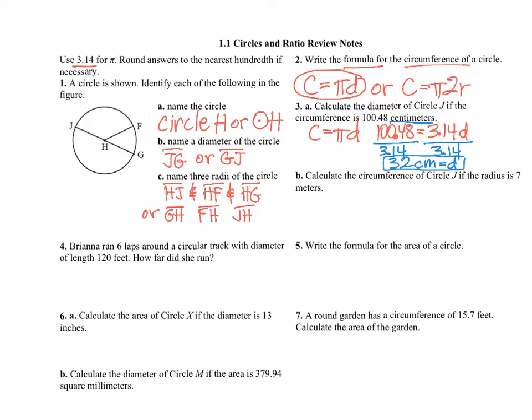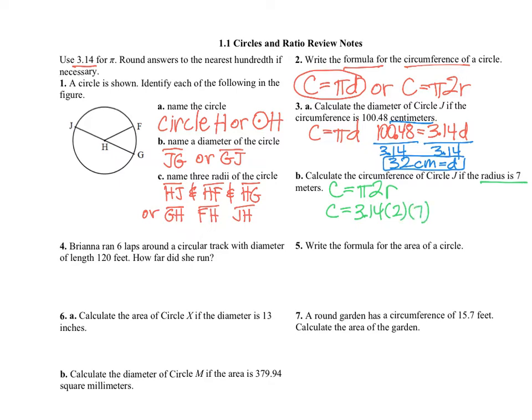And now, B says calculate the circumference of a circle if the radius is 7. So we're given radius, and we're trying to find circumference. So this time, I might go ahead and use circumference equals pi times 2 times the radius. So circumference equals 3.14 times 2 times 7.